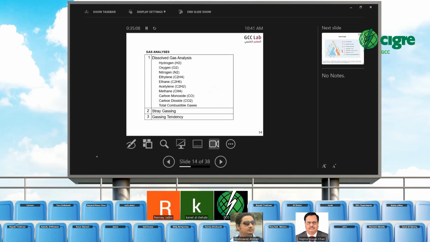What you need for oil analysis, or testing the oil, to avoid these problems, you need to do, of course, all the gases, to check the gas concentrations, and also you need to see the total combustible gases.